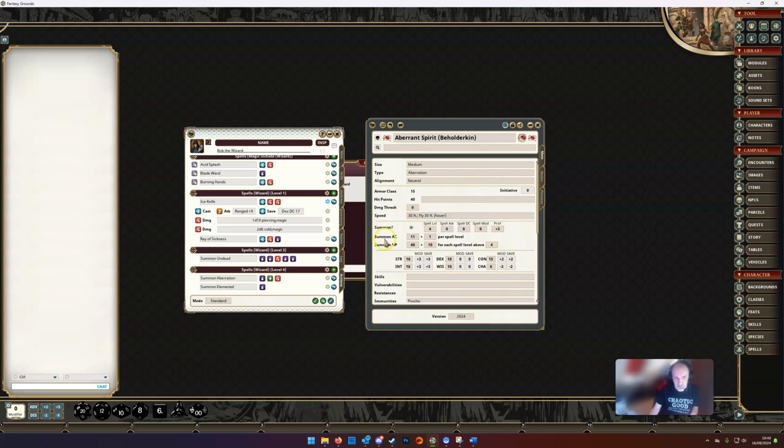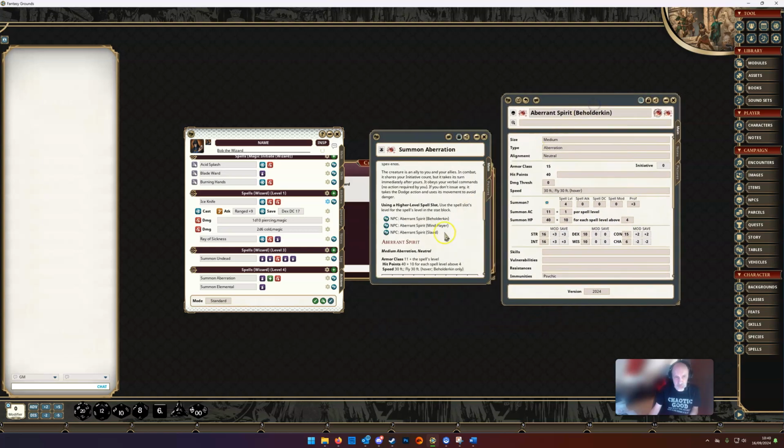And then we've got the summoned AC, which is 11 plus 1 per spell level, and the hit points is 40 plus 10 for each spell level above 4. Now this ties in with what this is showing us here. We've got hit points 40 plus 10, and we've got the AC 11 plus the spell's level, etc.